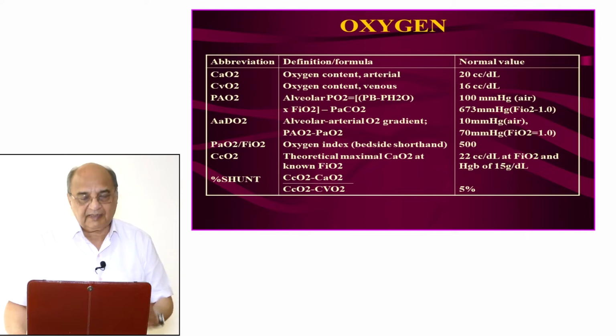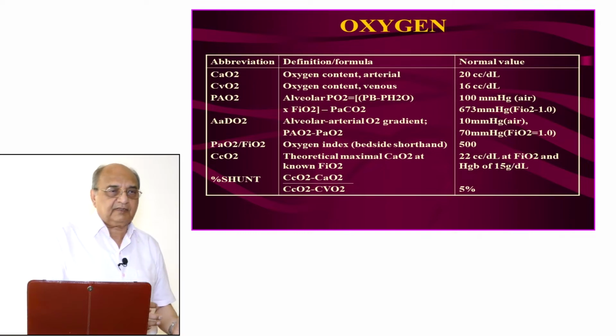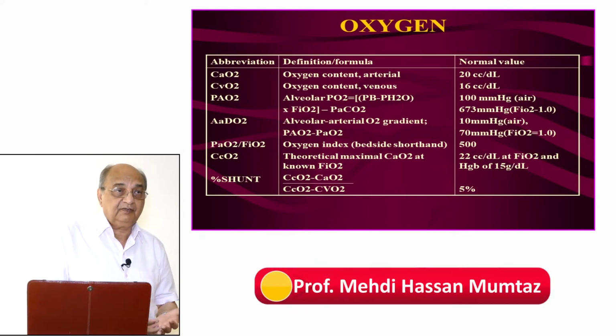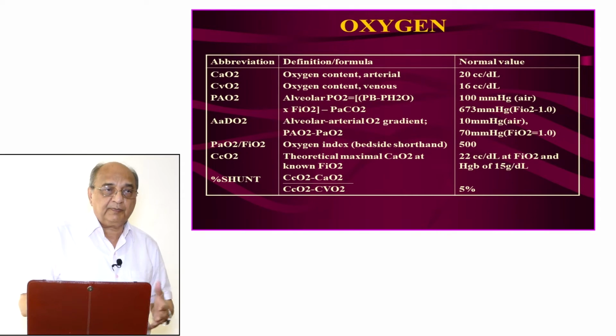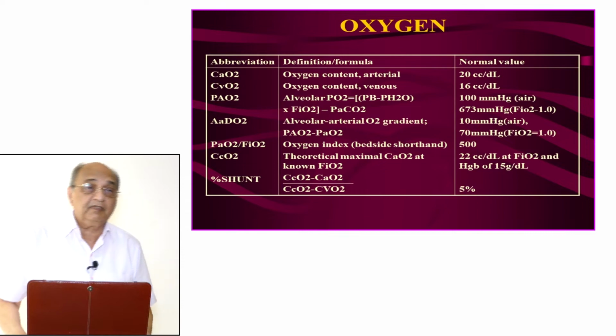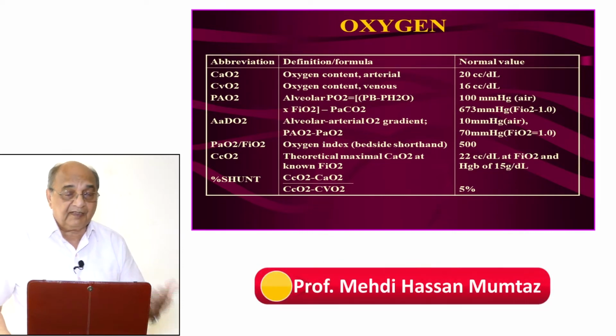Then we look at the lactate, to see whether the oxygen which has been extracted is being used or not. Because metabolism is going on all the time, if oxygen is present it is called aerobic metabolism; if oxygen is not present, it is called anaerobic metabolism. If there is anaerobic metabolism and oxygen is not being used, then lactate will be produced. That will tell you, and then you have to find out the cause of the raised lactate.